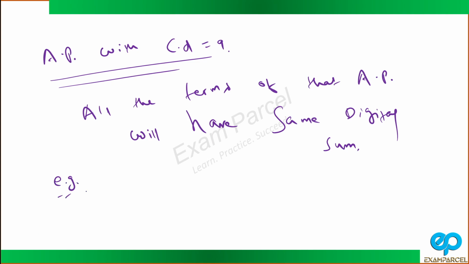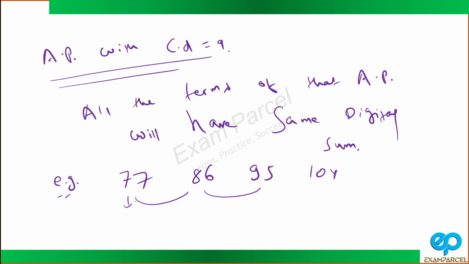Let's say I take 77, and with a common difference of 9, we get 86, 95, 104. So this is an AP with common difference of 9.